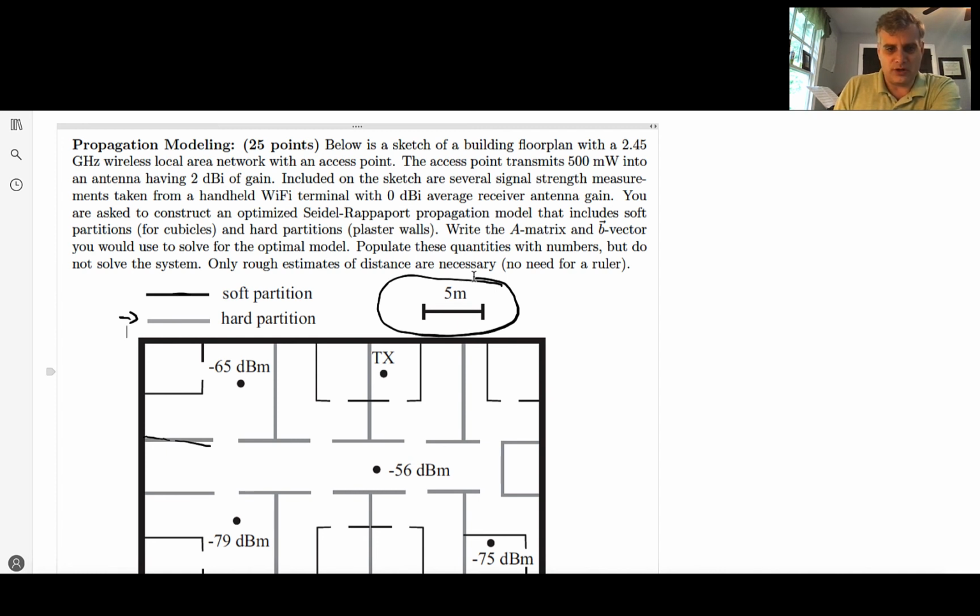Now, there's a lot going on in the description of this problem, but it's very easy, and in fact, you don't even need to solve the system. That's actually very important because not only is it cumbersome to have to compute inversion matrices on tests, which does not really test anything related to concepts in antenna engineering, but this square matrix formed by ATA is actually a very difficult matrix to invert.